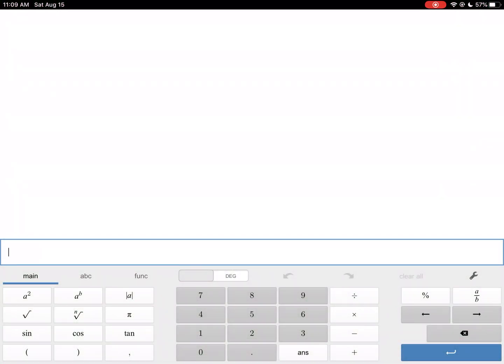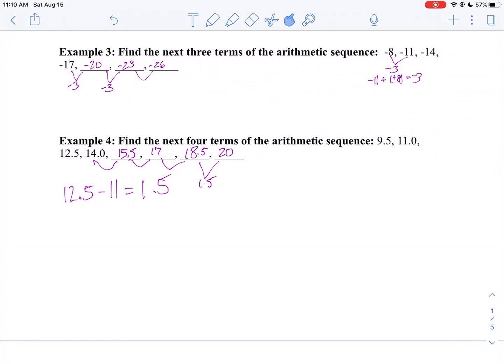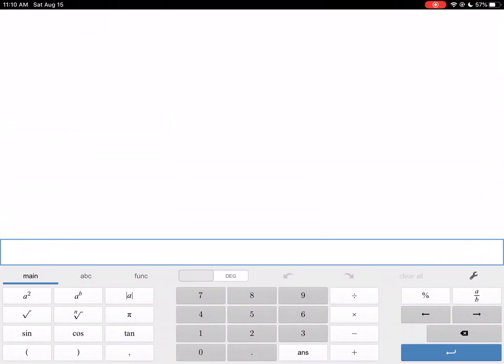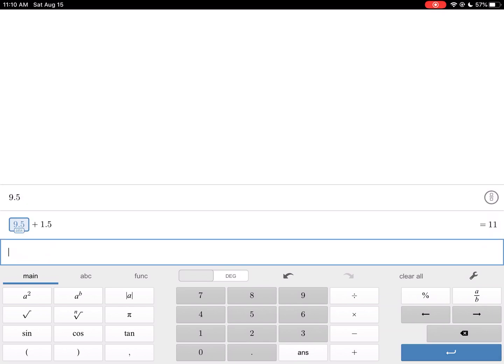And then what I'm going to do is type in the first term of my sequence, which is 9.5. So I press 9.5 and I press enter. That's all you got to do. Then instead of typing 9.5, I'm going to type in answer plus 1.5, because that's my common difference, and I'll press enter.